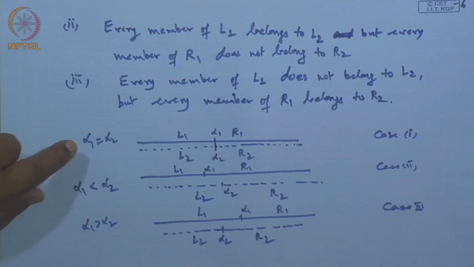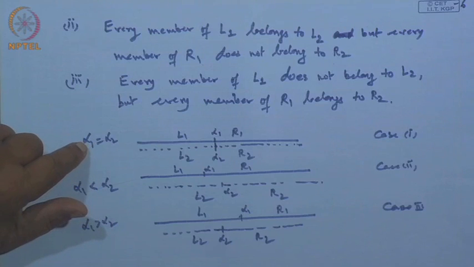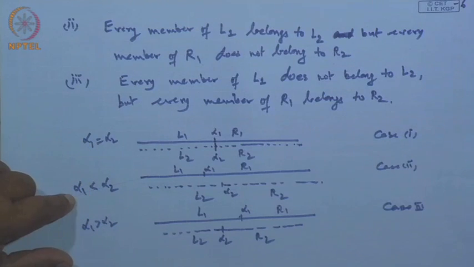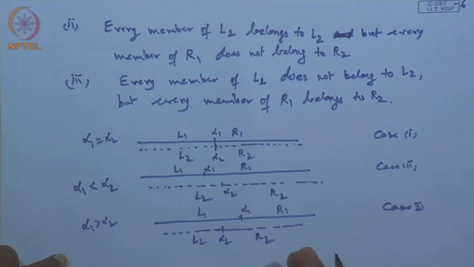So, if two numbers alpha 1 and alpha 2 are given, then one can order them: they are either equal or one is less than the other. It means the set of real numbers is basically an ordered field. One can easily identify the ordering between the two with the help of our cuts also. Is it okay?